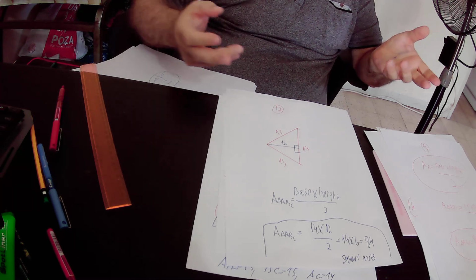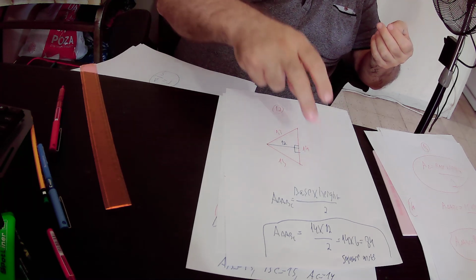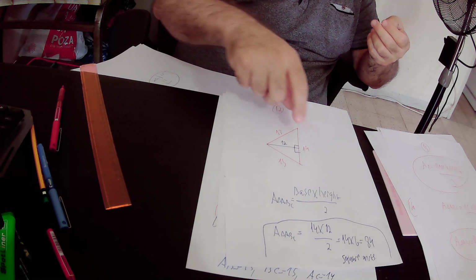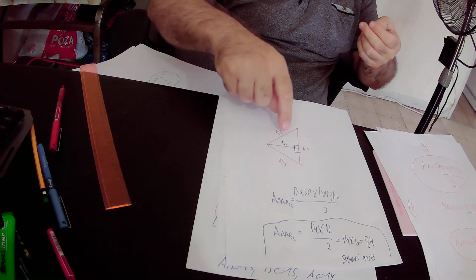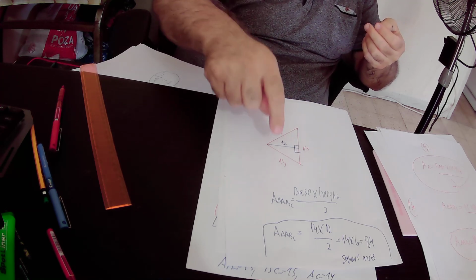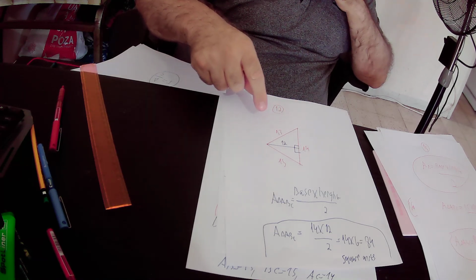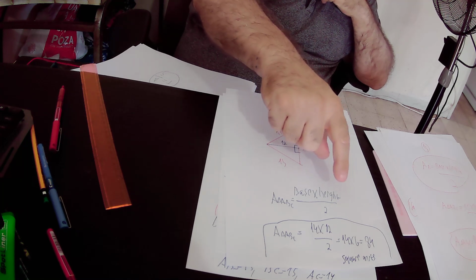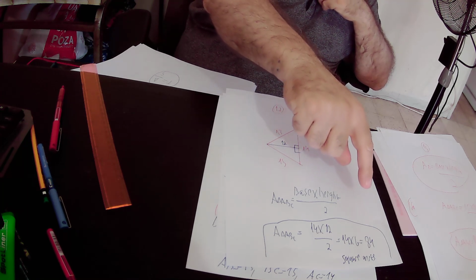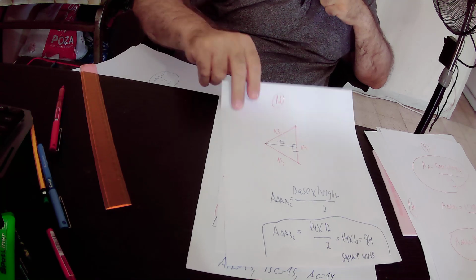So the area of any triangle equals the base of the triangle times the height over 2. So the base is 14, the height is 12. So 14 times 12 over 2 is the area of triangle ABC. So the area of triangle ABC, according to the third method, equals 84 square units.